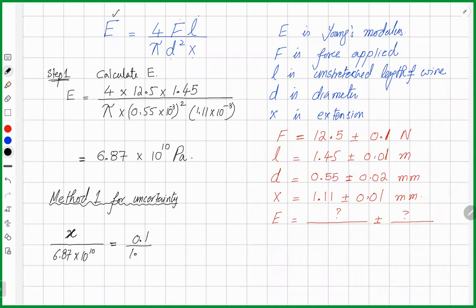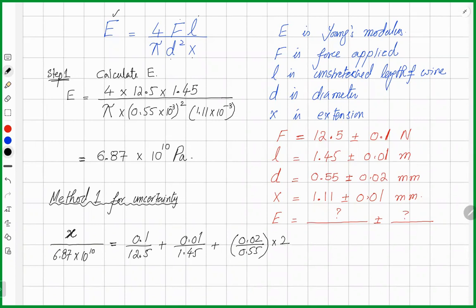In this case, you do not have to worry about converting units. They don't matter here. Plus L, 0.01 divided by 1.45, plus D, 0.02 divided by 0.55, and I am multiplying this with 2.